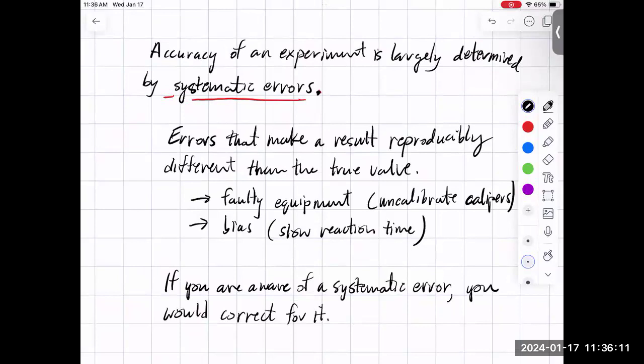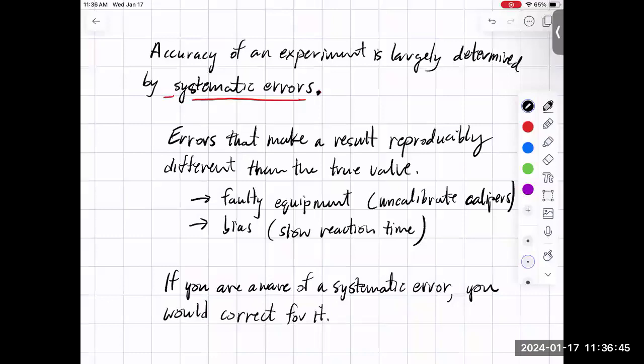Or once you realize that your reaction time is not synchronized with when your friend is releasing the ball, maybe you study it and figure out by how much the time of flight is too short, and correct all your previous measurements for that. So once the systematic error is identified, you work hard to solve that error and either repeat your measurements or correct the measurements that have already been done.